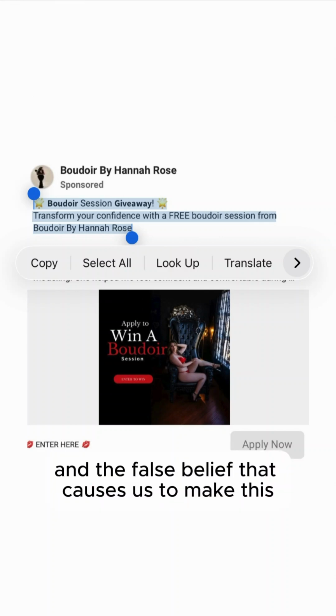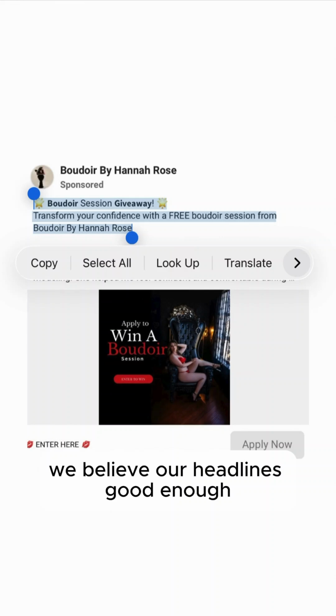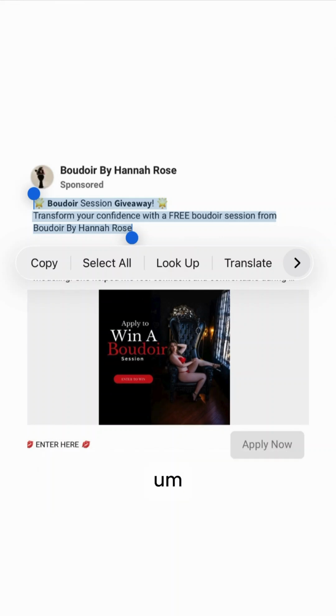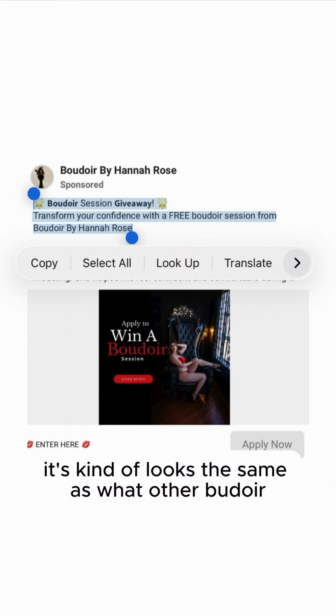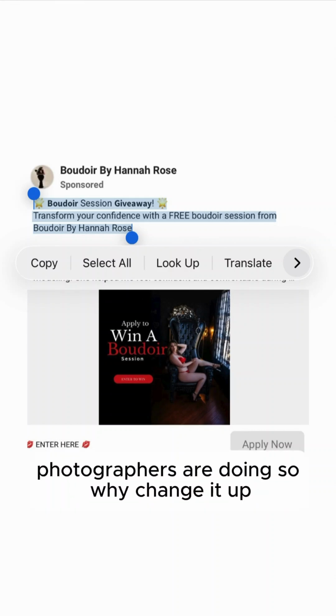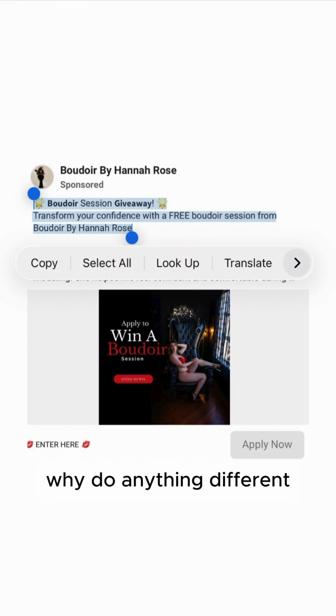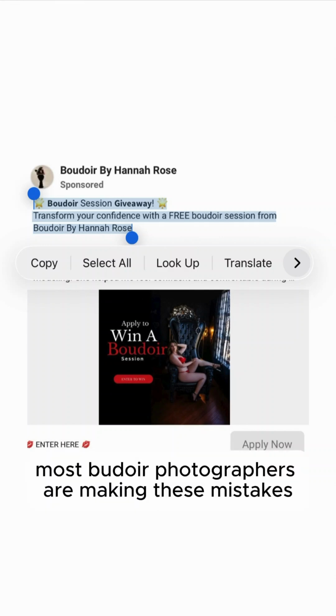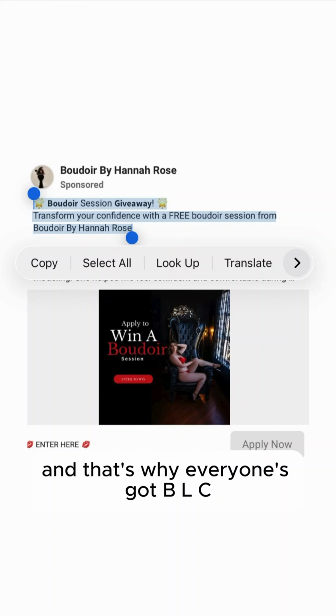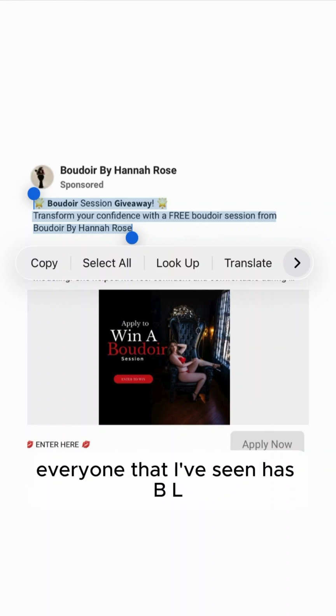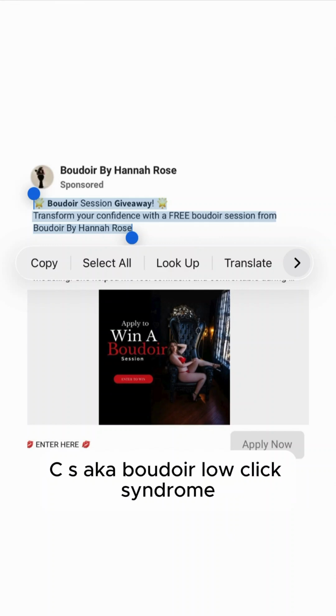And the false belief that caused us to make this mistake is we believe our headline's good enough. It kind of looks the same as what other boudoir photographers are doing, so why change it up? Why do anything different? Well, it's because most boudoir photographers are making these mistakes, and that's why everyone I've seen has BLCS, aka Boudoir lookalike syndrome.